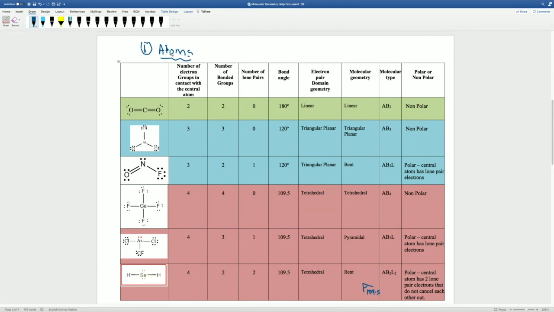If the atoms are different, then we have polarity because we have different abilities. If you look at this central atom, carbon, the oxygens on either side of the carbon are pulling the shared electrons towards themselves because they're more electronegative.